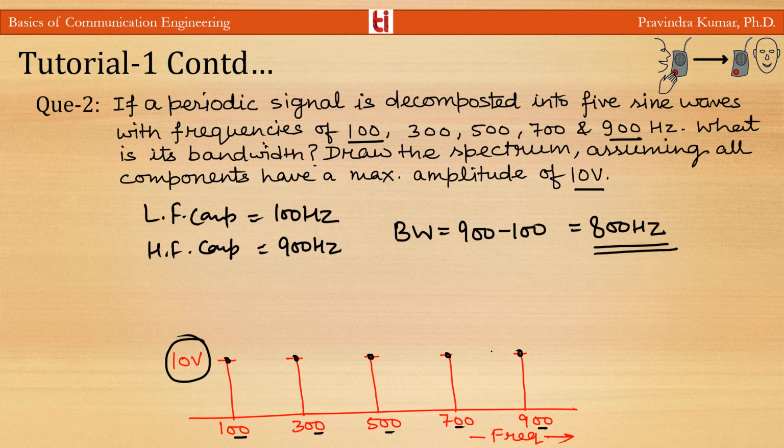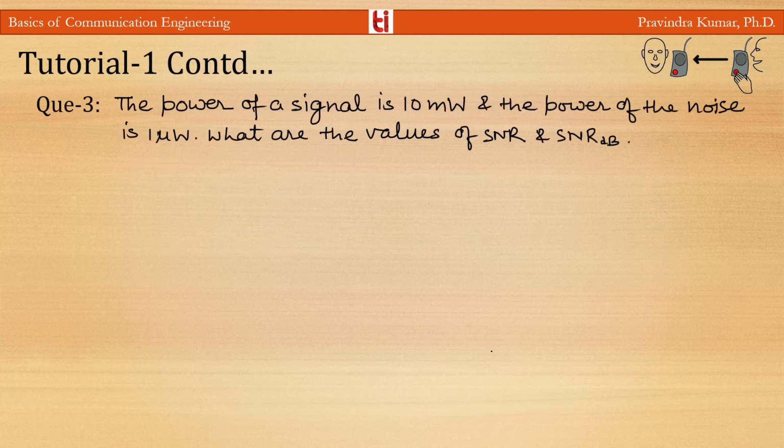Now the next question is: the power of a signal is 10 milliwatt, and the power of the noise is 1 microwatt. What are the values of SNR and SNR in dB?